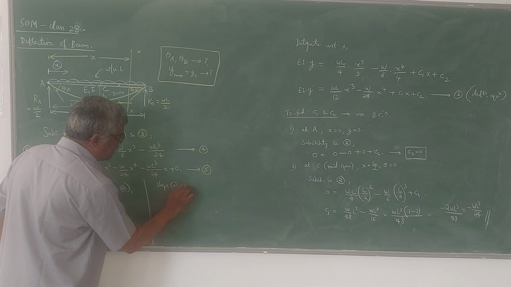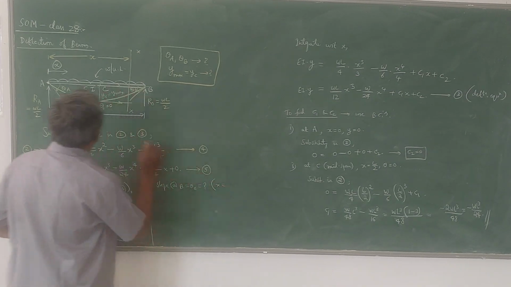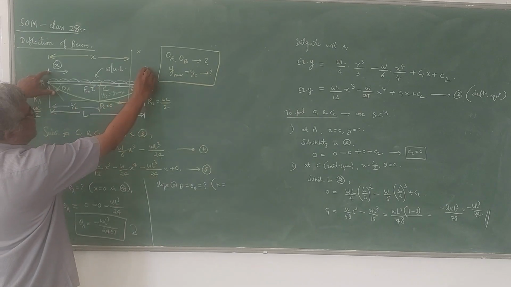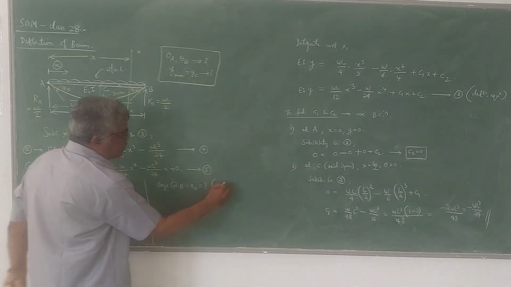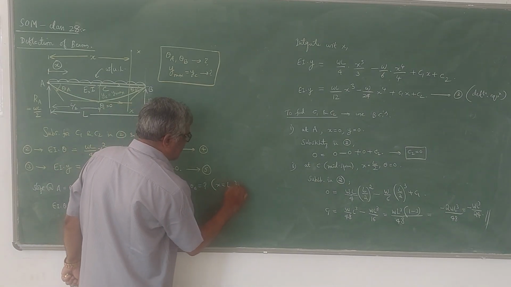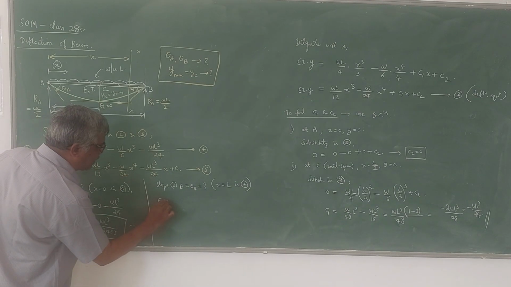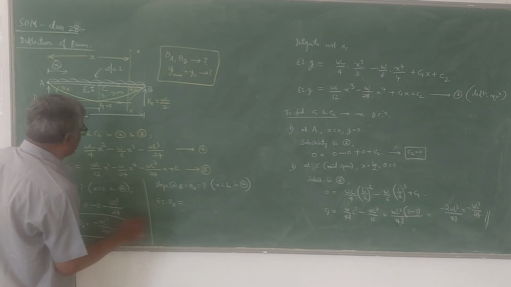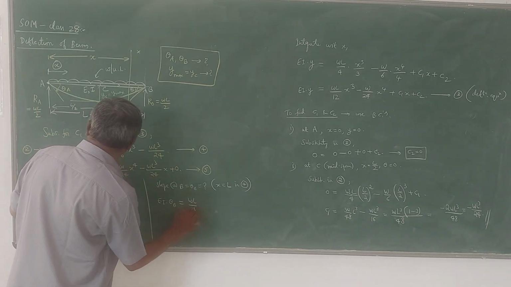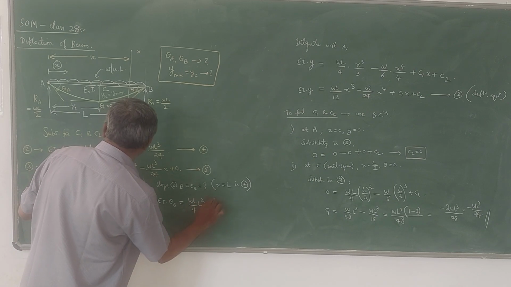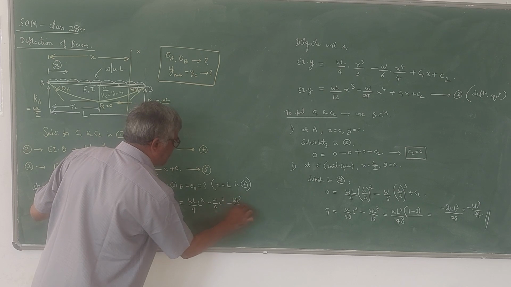Now, using the same equation, if I want slope at B, theta B, I have to put x equal to L here, because x is measured from A, and the distance from here to here is L. Put x equal to L in the same equation 4. So EI into theta B is equal to W L by 4 into L square, minus W by 6 into L cube, minus W L cube by 24.